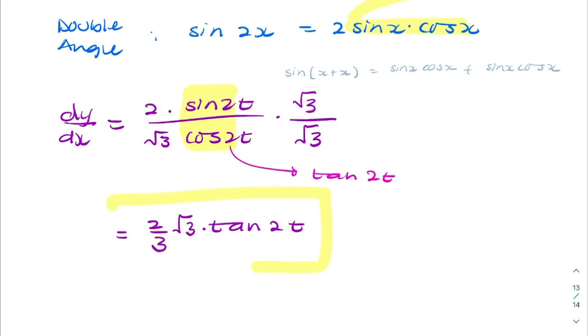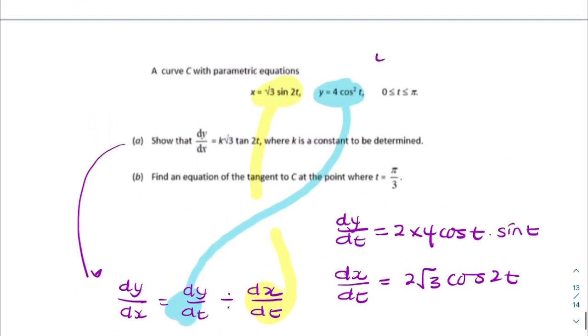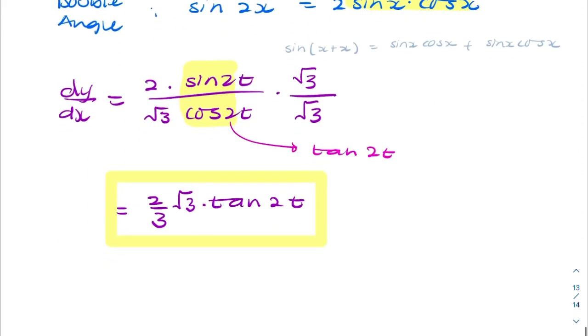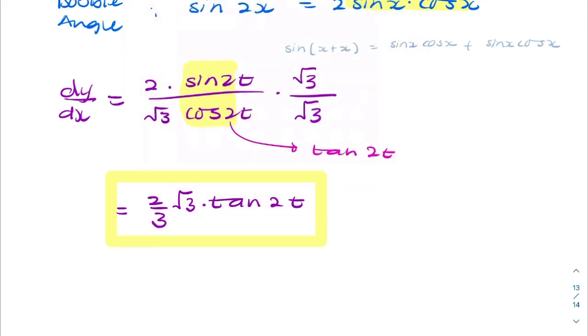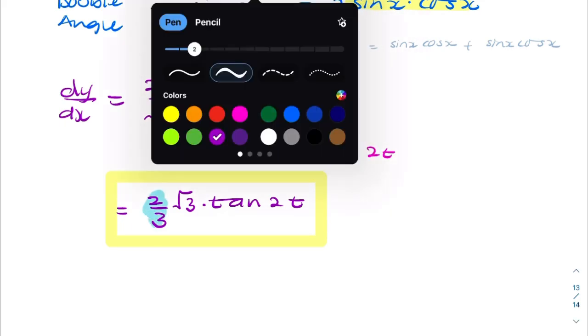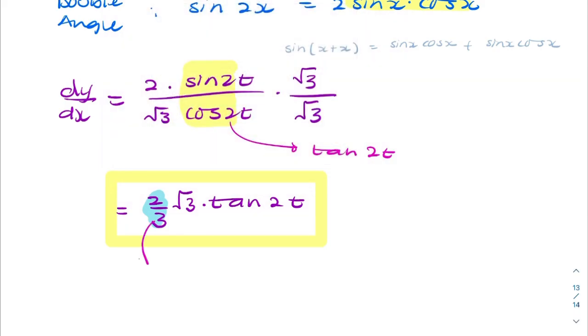So I think that's what they're asking for. So the question says it's k root 3 tan 2t. k is a constant to be determined. So it looks like this is our k. That's what it looks like. So I would say k equals 2/3.